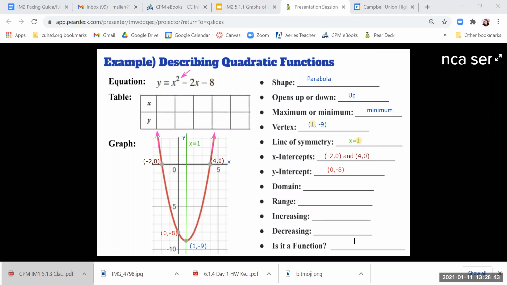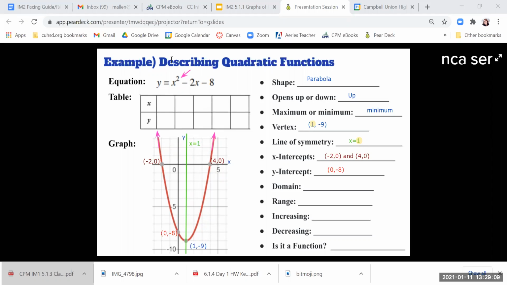Now before we go to the rest of the descriptors, I think it's time to fill in our table. When you fill in a table for a parabola, you can fill it in in whatever order you want, but ideally you do it very carefully and strategically so that the vertex is the middle point. When the vertex is the middle point, you start to see symmetry in the numbers on either side.